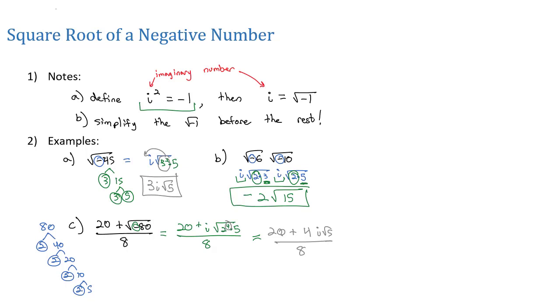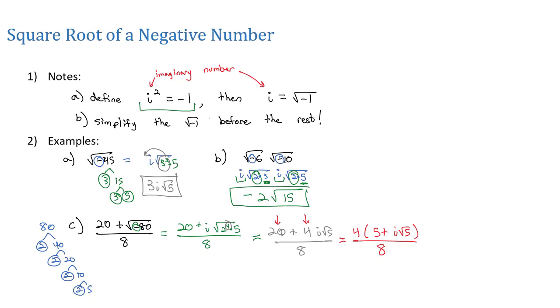If I want to simplify this, we have to divide all 3 terms by the same thing. So maybe a better way to handle it would be to factor out a 4 out of both the 20 and the 4. Leaves behind 5 plus i root 5 all over 8. And now that that's factored, I'm allowed to reduce, because we can only reduce factors.